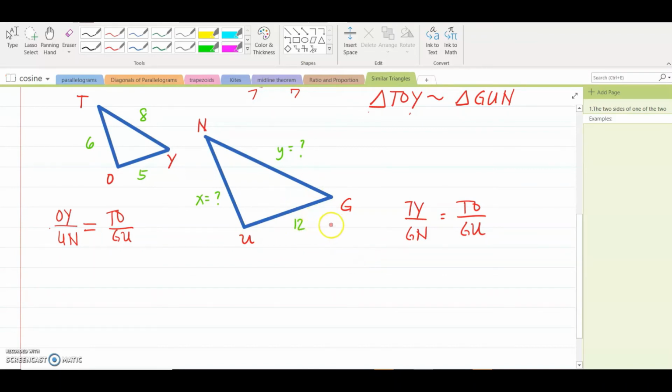So we're going to solve first for either x or y. What we're going to do is write the proportion, or the equality of two ratios, wherein one ratio has the given numerator and denominator, while in the other ratio, either the numerator or denominator is given and the other is unknown.